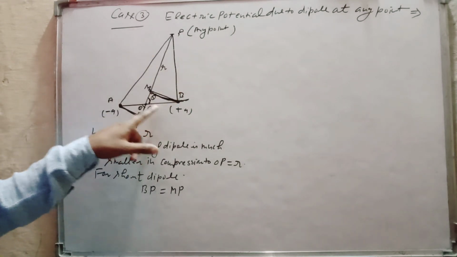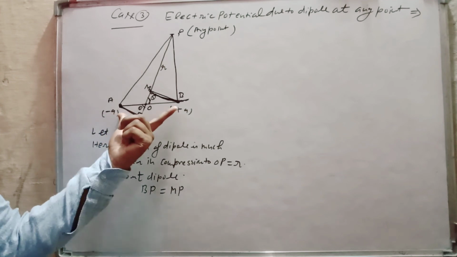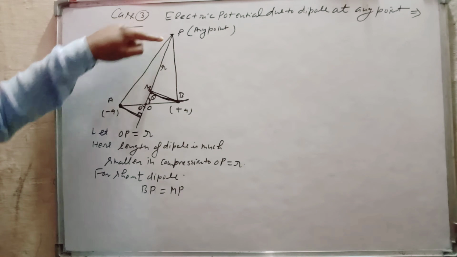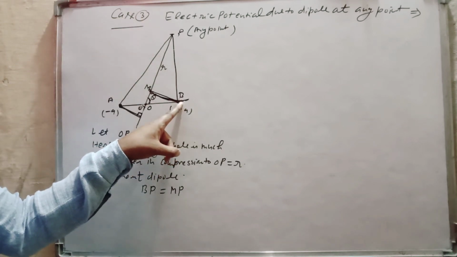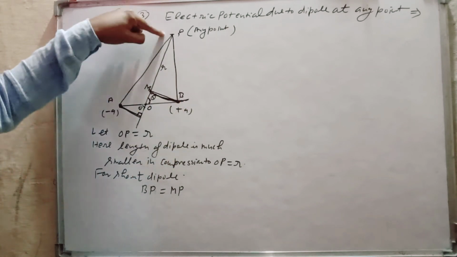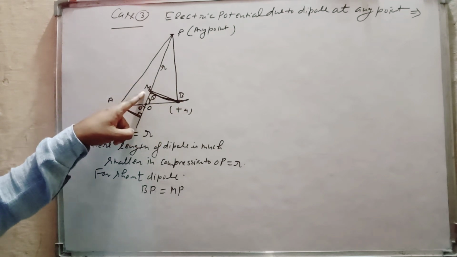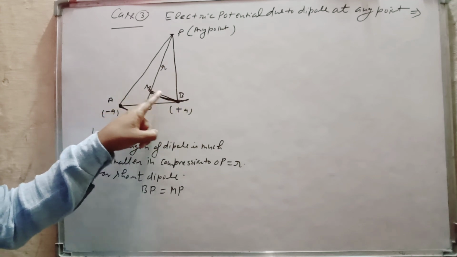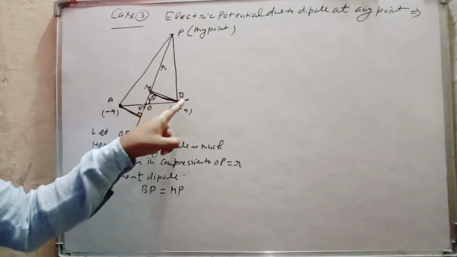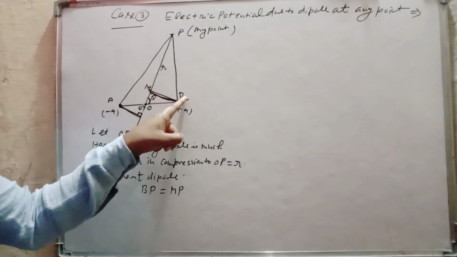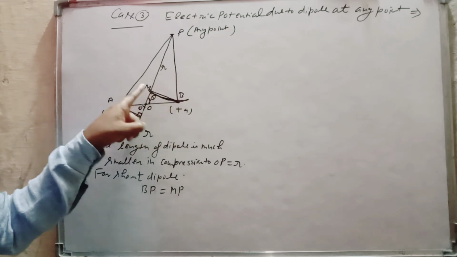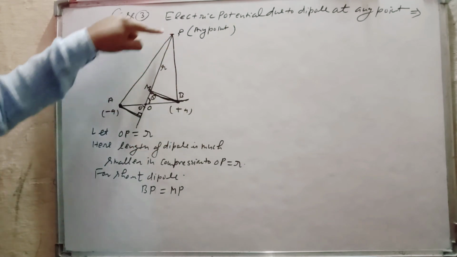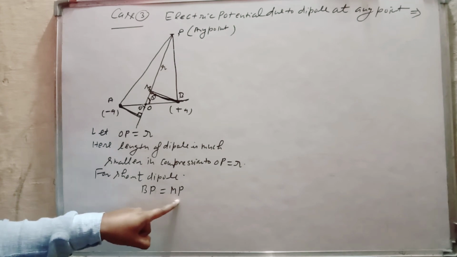Again we repeat: since the length of the dipole is much smaller in comparison to R, and we draw the perpendicular from B to OP as BM, MB is very small. That means this straight line behaves like an arc. If MB becomes an arc, then BP and MP become radii. Hence BP is equal to MP.